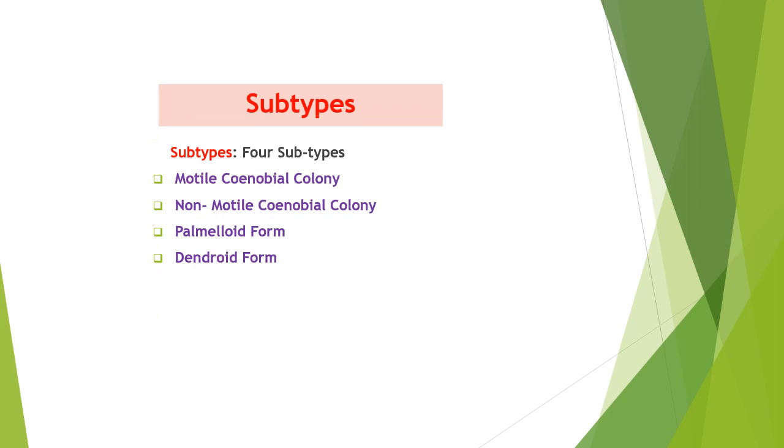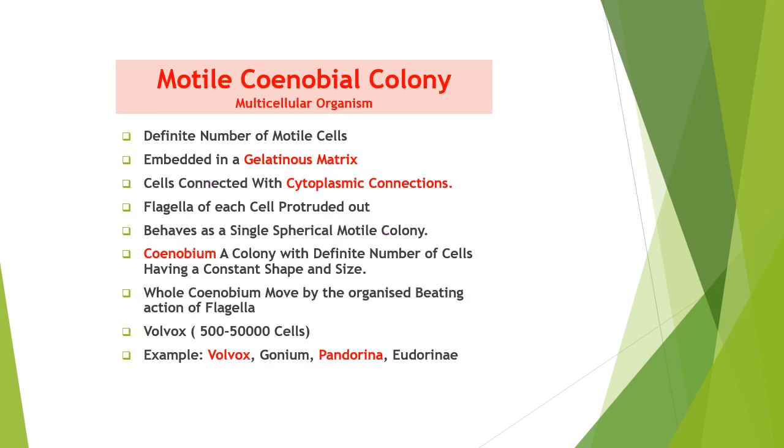We have subtypes in this type. They can be motile coenobial colonies, non-motile coenobial colonies, palmelloid forms, or dendroid forms. We'll discuss them one by one. For the motile coenobial colony, we have the example of Volvox, which you have already gone through. A definite number of motile cells are there, just like a number of Chlamydomonas-type cells, but in an aggregation embedded in a gelatinous matrix.